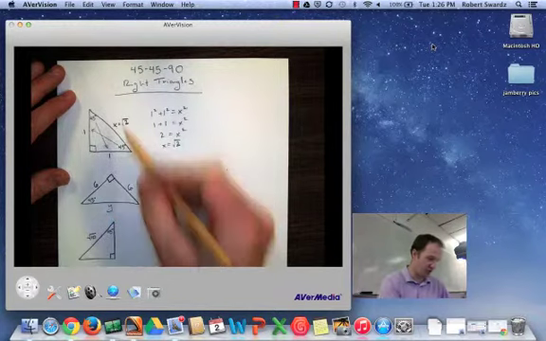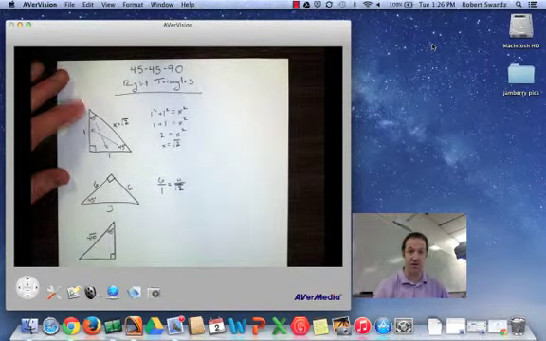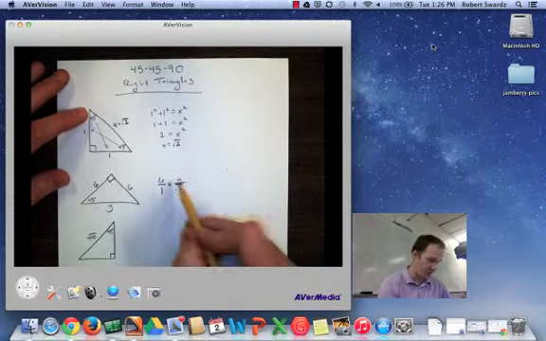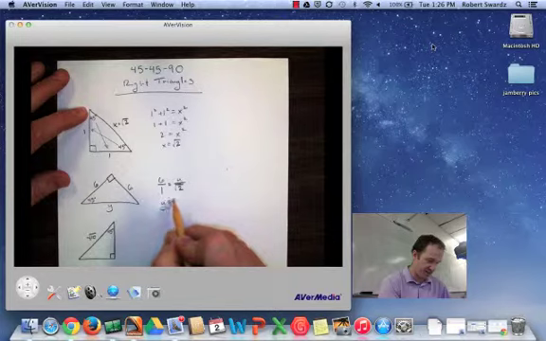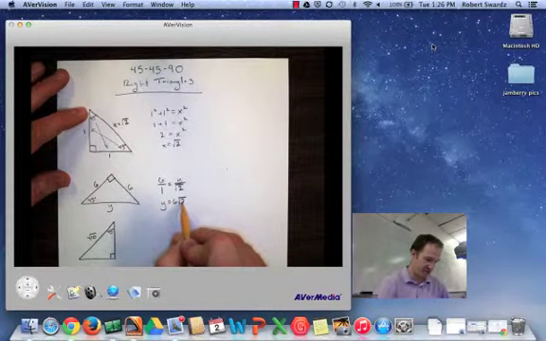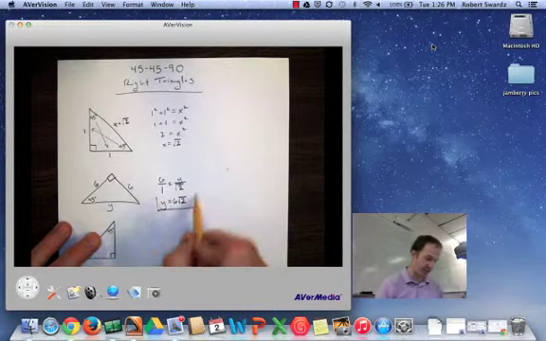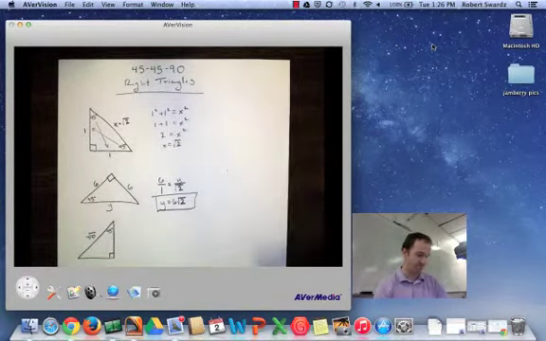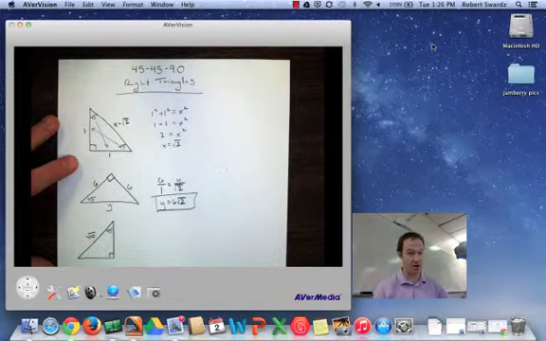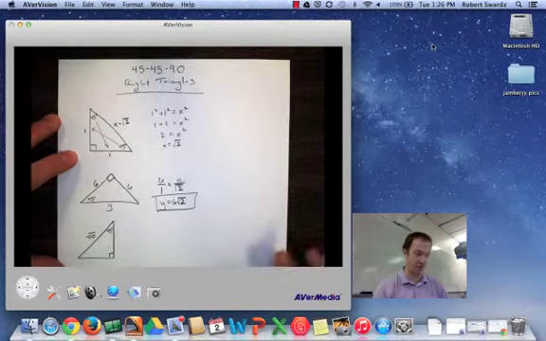And y goes with the square root of 2. So y over the square root of 2. Now we can cross multiply and solve. y times 1 is y. And then we've got 6 times the square root of 2. That is a little bit easier than doing Pythagorean theorem. Now again, there are shortcuts. If you see a shortcut, please use it.